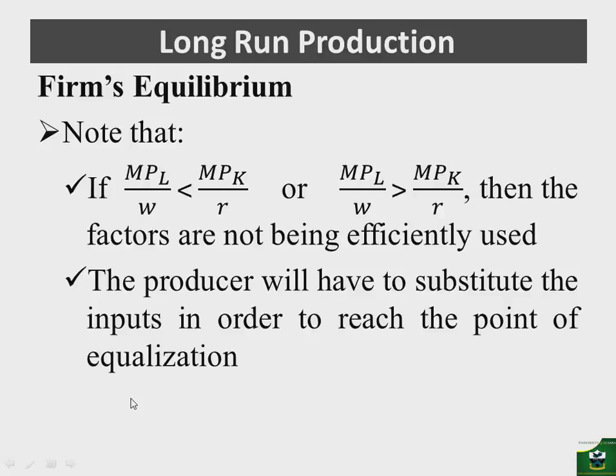Now, in the first case, how will the substitution of labor and capital be? Which input will be brought in and which input will be released? I leave this for you to think about and understand what is happening. You should also think about the other part here.